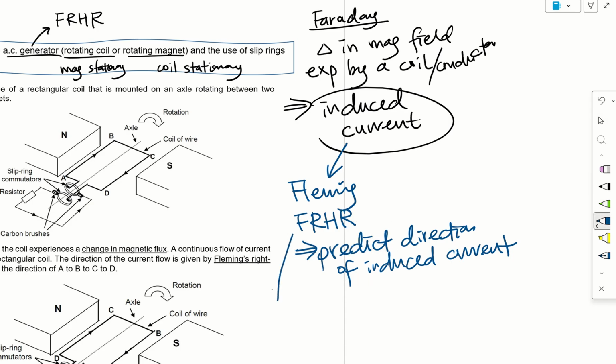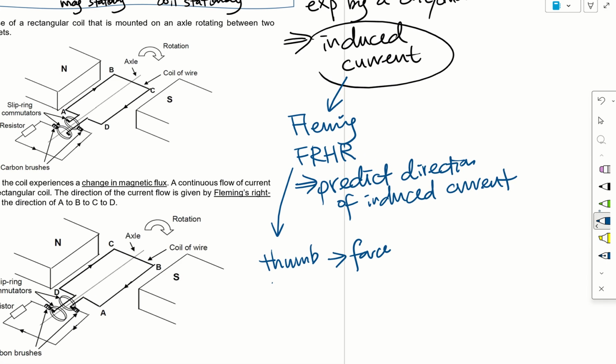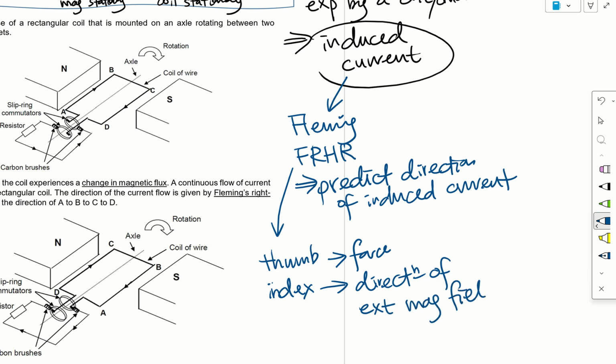The thumb represents the force, the index finger represents the direction of external magnetic field, and the middle finger represents the direction of current.